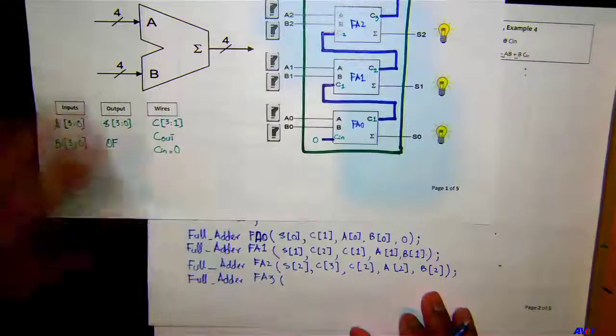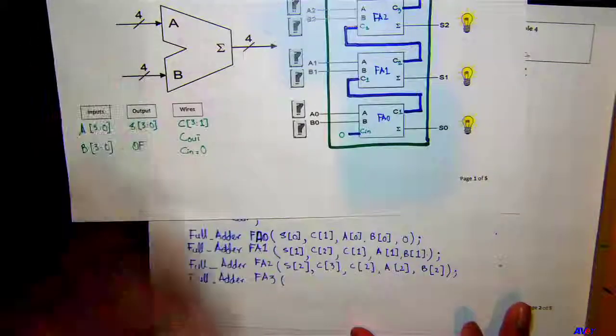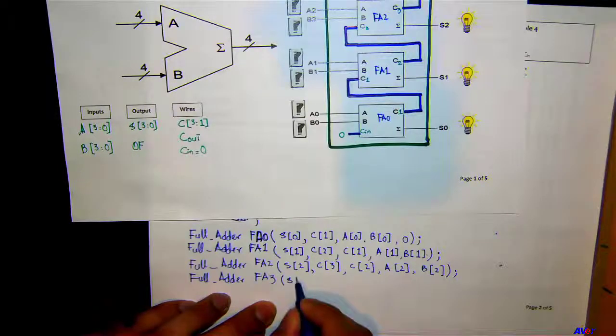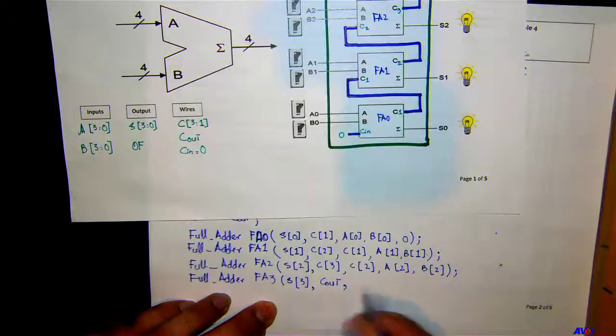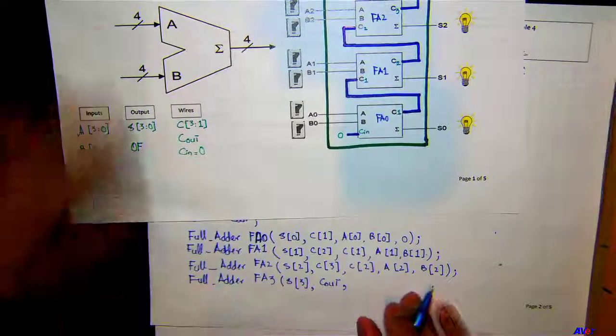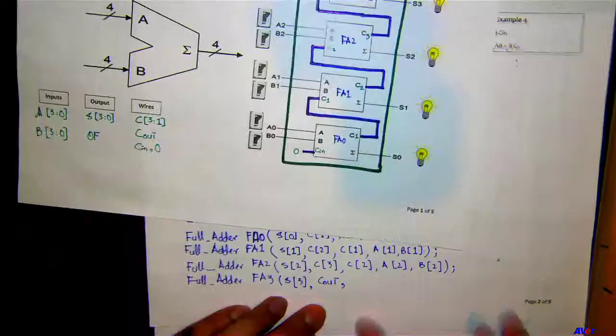Okay, so the outputs are S3 and Cout here, and then followed by the inputs. The inputs are C3, A3 and B3.